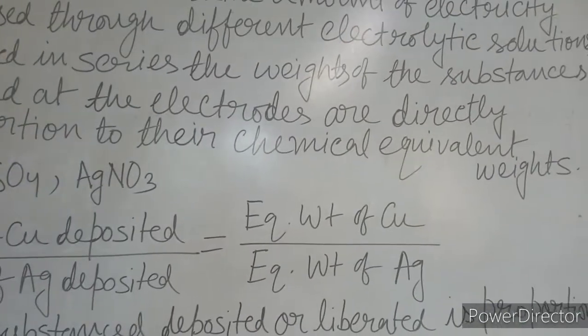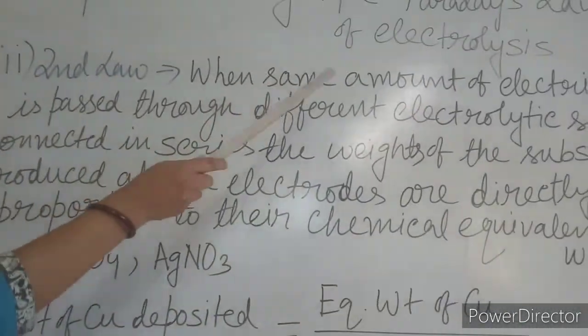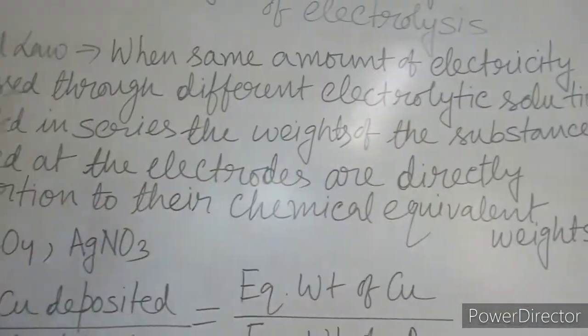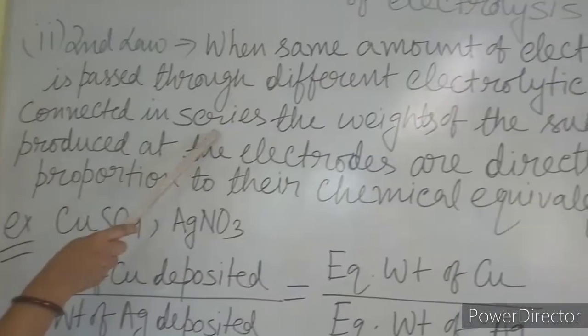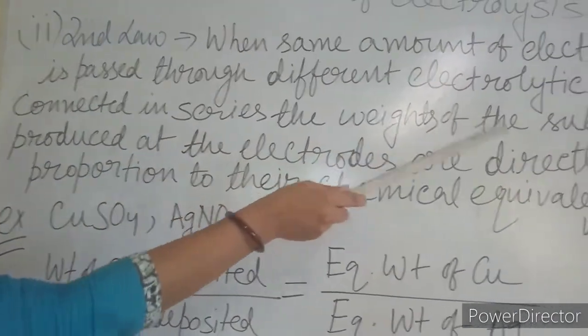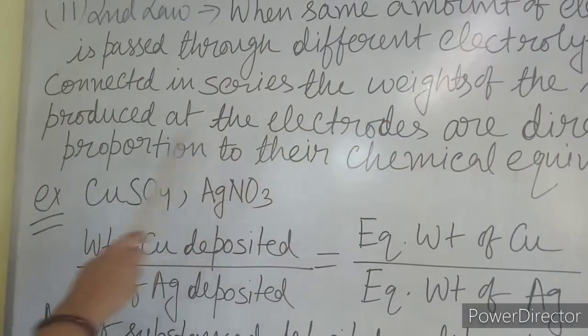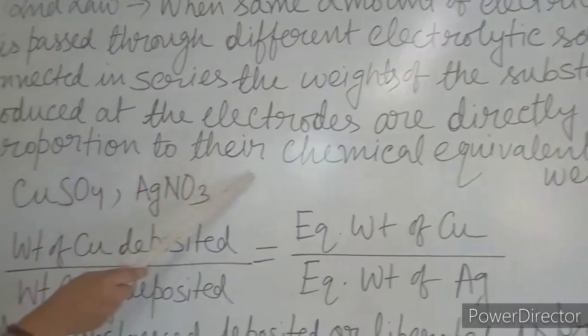I am saying it again: when the same amount of electricity is passed through different electrolytic solutions connected in series, the weights of the substances produced at the electrodes are directly proportional to their chemical equivalent weights.